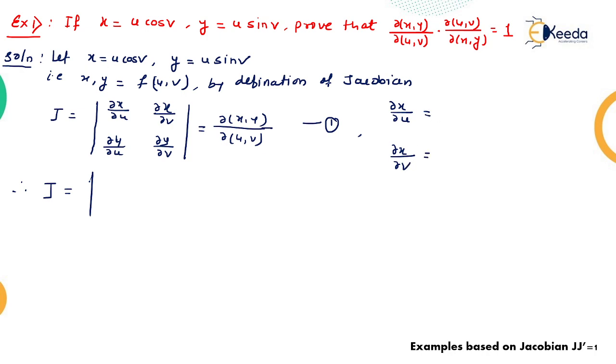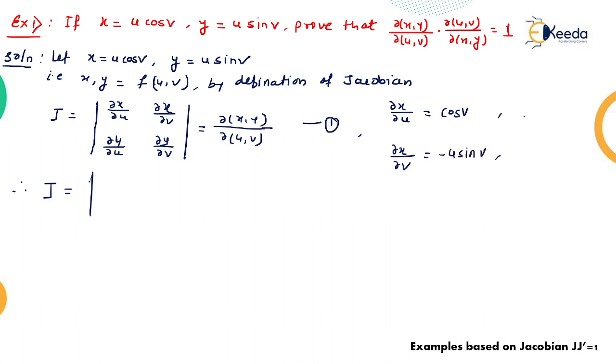So ∂x/∂u: differentiation of u cos v, with cos v a constant, is only cos v. Then with respect to v, the differentiation of cos v is minus sin v, u as it is, so minus u sin v.